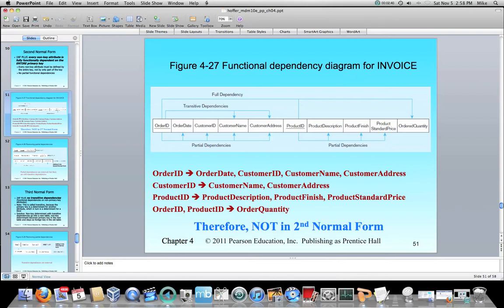So in order to fix that, and this gets into the comment in the video on the steps in normalization, as we're normalizing, what typically happens is we have to break larger relations into smaller relations, so we lose duplicated data, and in this case we more accurately define functional dependency.